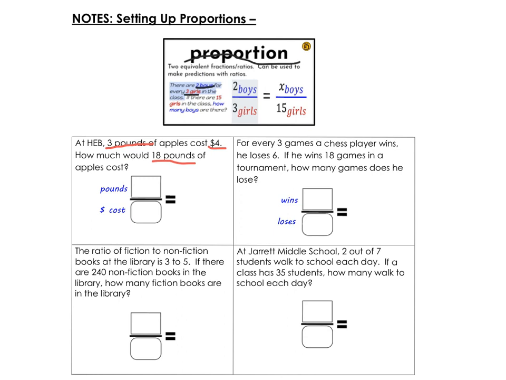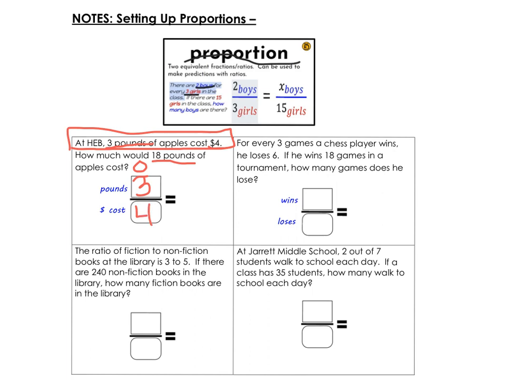So I see 3 pounds. So this is our original ratio. 3 pounds of apples cost $4. This is what we are originally talking about. So here we would put 3 with the pounds, and the cost is $4.